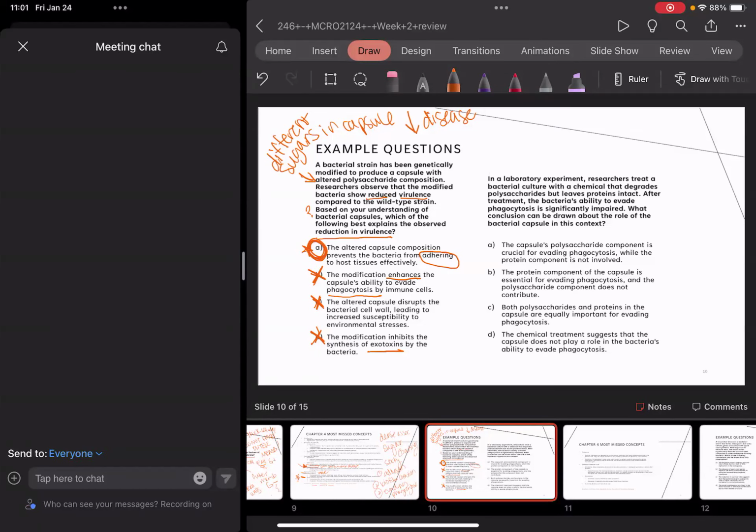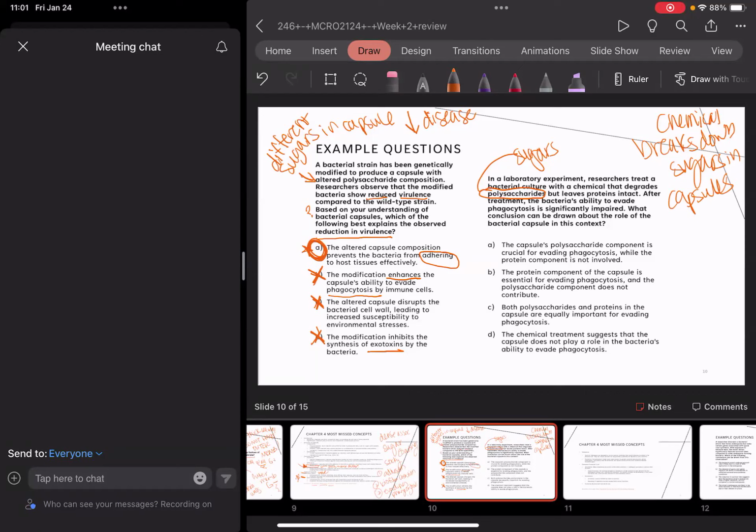Our next question. In a laboratory experiment, researchers treat a bacterial culture with a chemical that degrades polysaccharides. So these are sugar chains. So we have a chemical that breaks down sugars like what we have in our capsules. All right. After treatment, that bacteria's ability to evade phagocytosis, a function of our immune cells, is impaired.